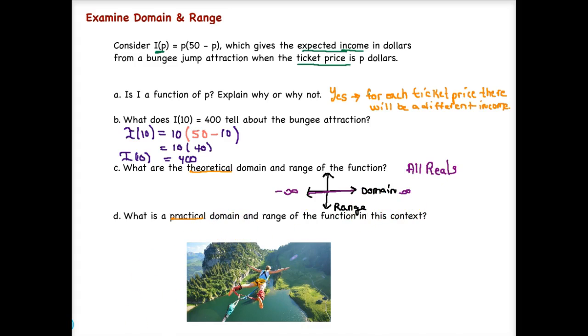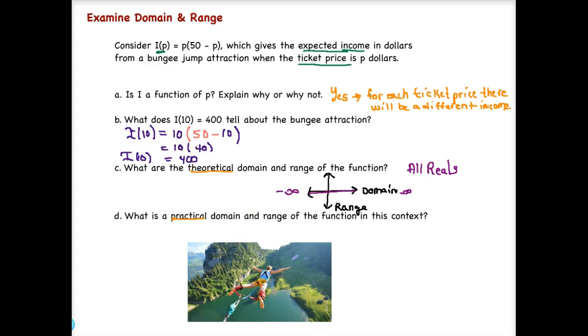How about practically? What makes sense practically? Well, given this equation, what type of input can I have? Well, if we think about it in terms of ticket price, we know that people will pay anywhere from $0 all the way up to some amount. The question is going to be, what's the maximum amount they're going to pay before our income actually starts to drop down because we have less and less people buying a ticket for our bungee jump?